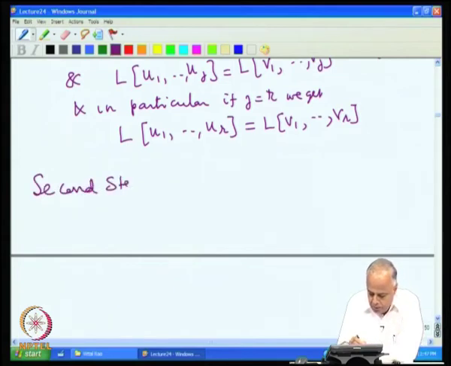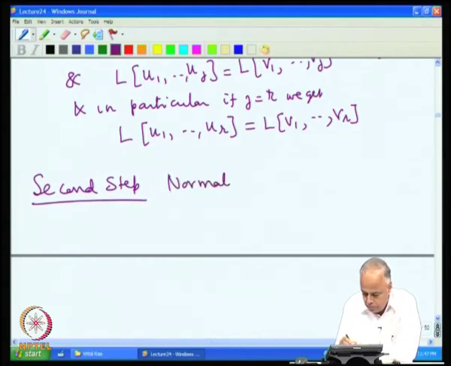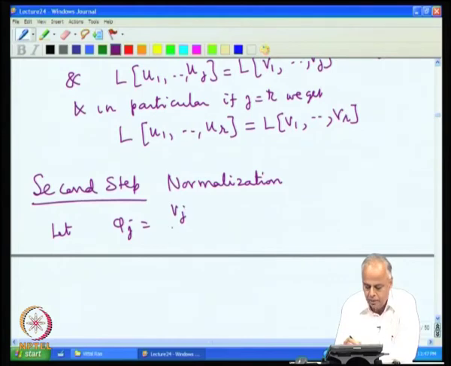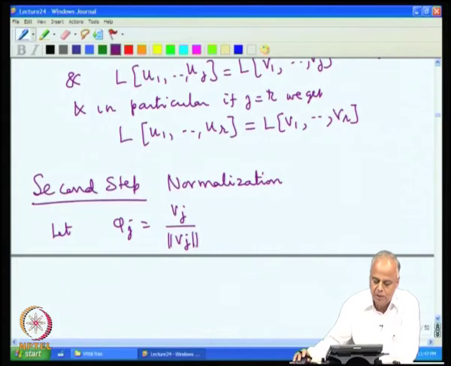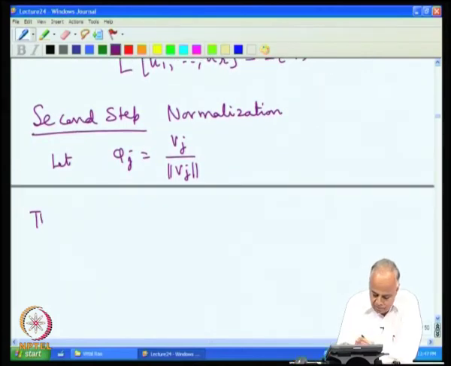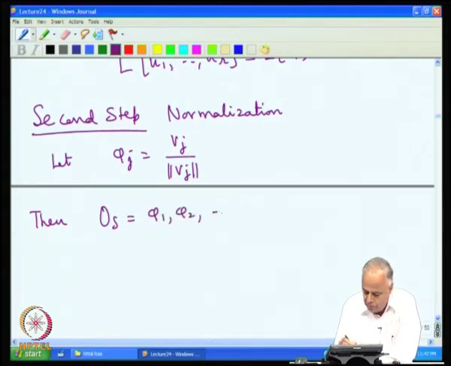in the process is the normalization. We want all these vectors to be of length 1, so we let phi j be vj divided by the length of vj. Then the phi j's become the orthonormal set OS equal to phi 1, phi 2, ..., phi r.